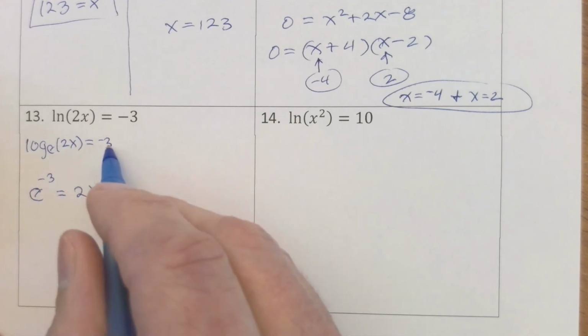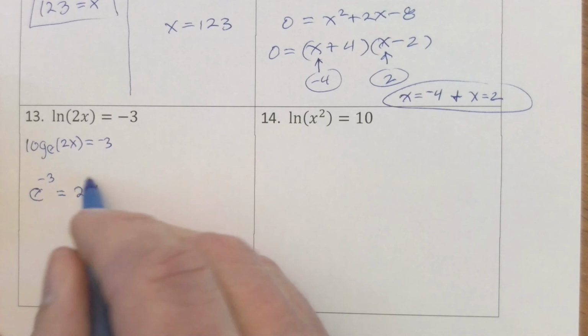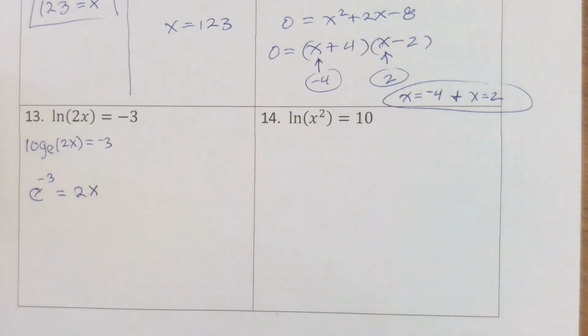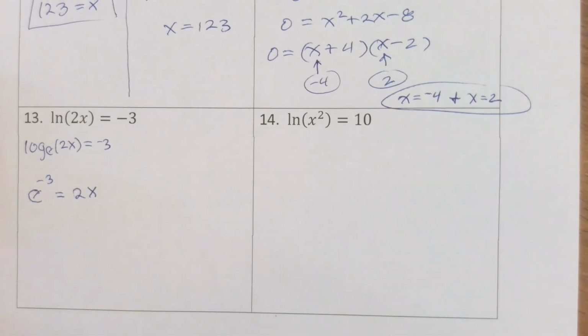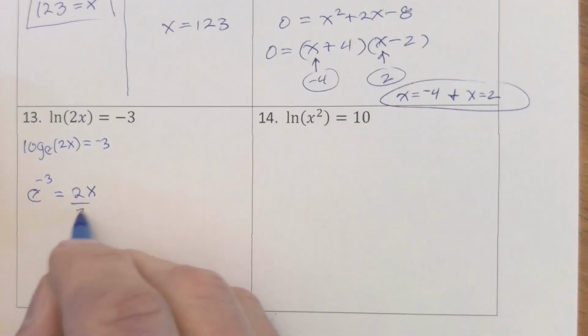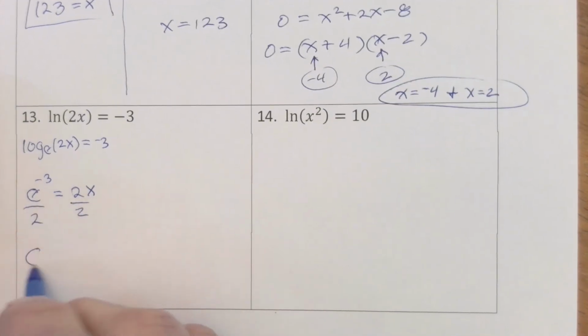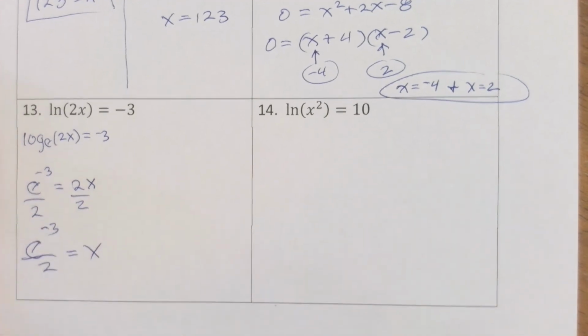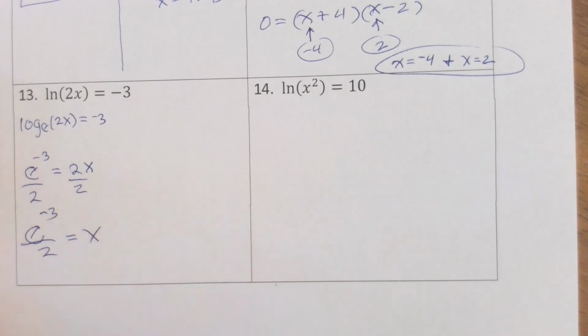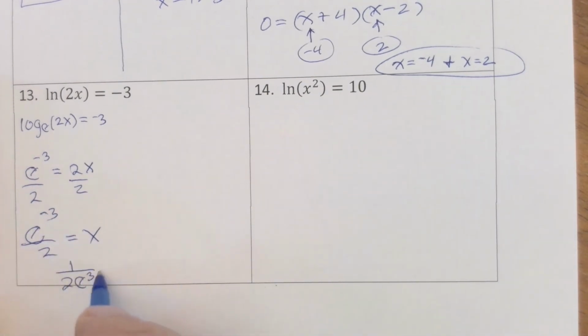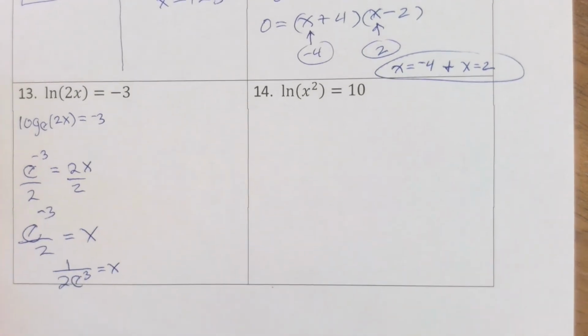So this exponent on that base gives you the answer to the power, which is what's inside the logarithm. Divide by 2 and you're done. So e to the negative 3 over 2 is equal to x. I think a nicer way to write that, though, without negative exponents is 1 over the square root of e cubed is x. That's what the negative exponent does to the e there. It says I want my e factors to be divisors, not multipliers.